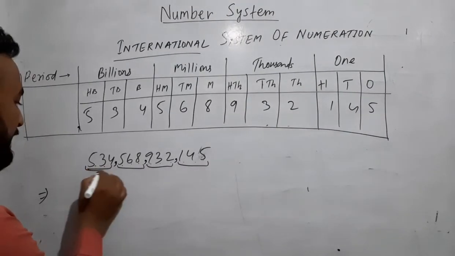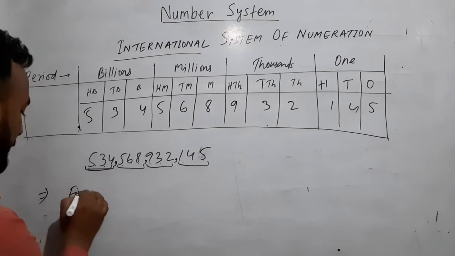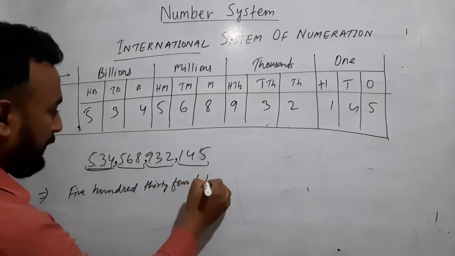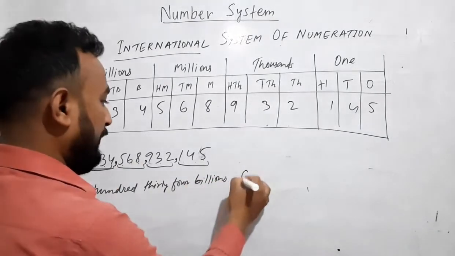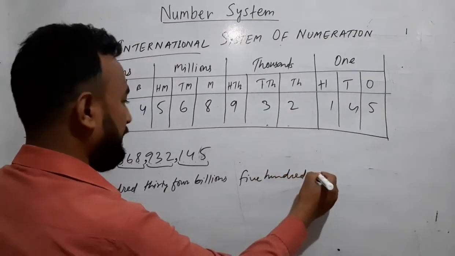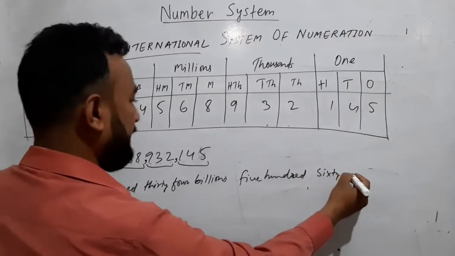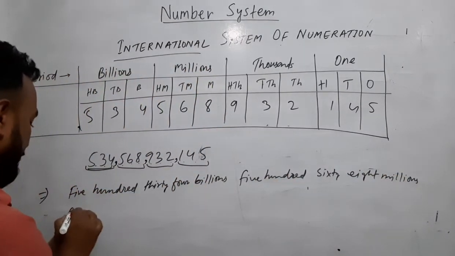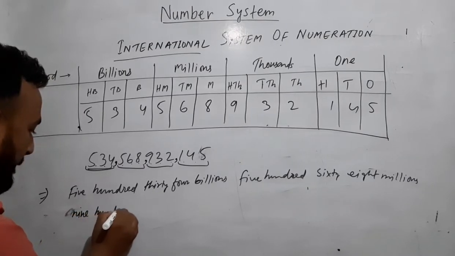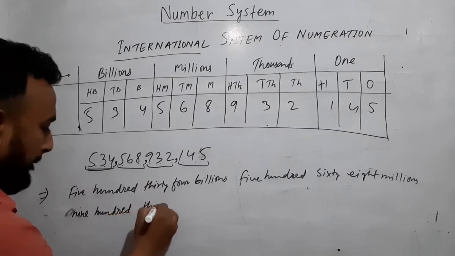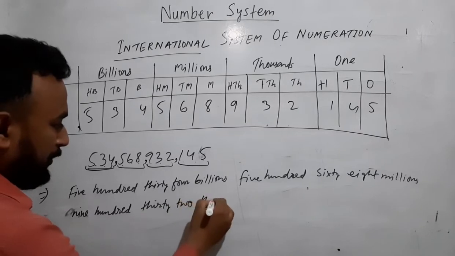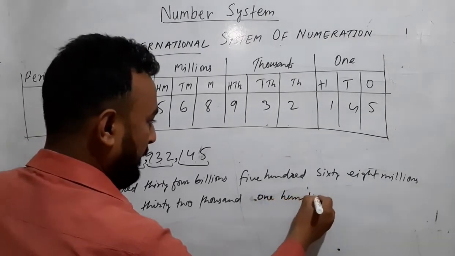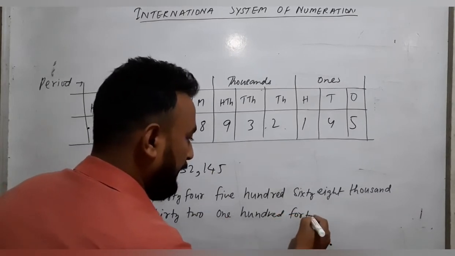So here it is 534 billion, 68 million, 932,000, and 145.